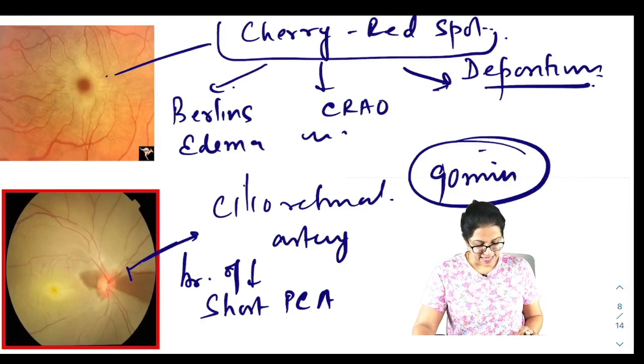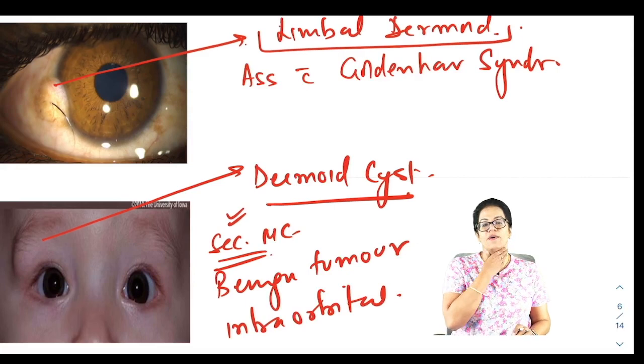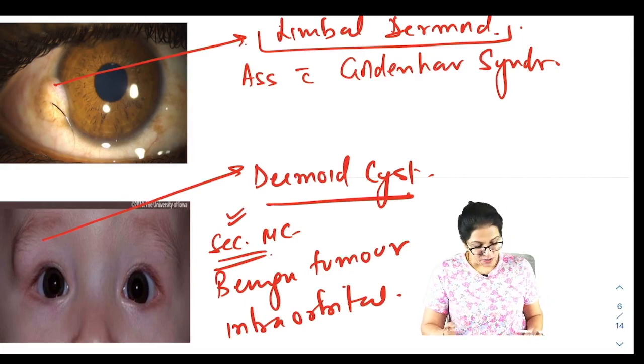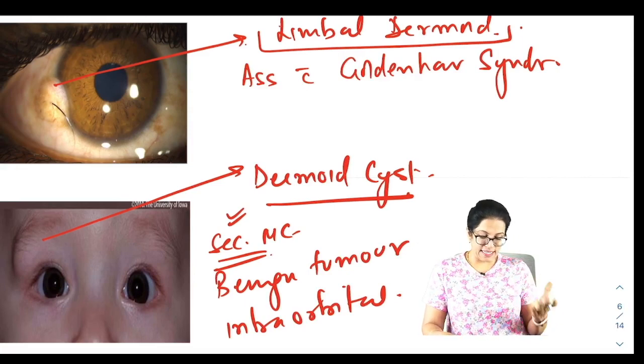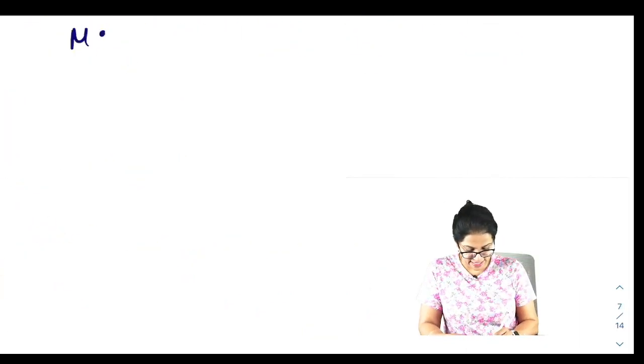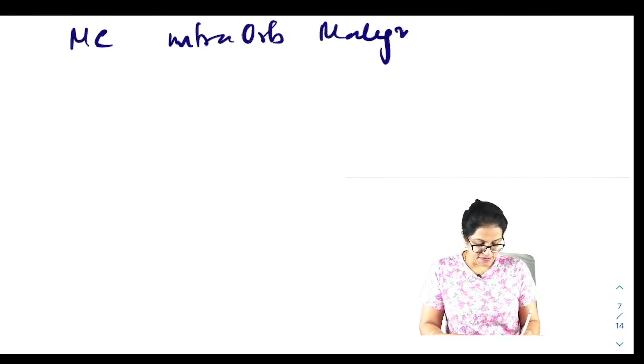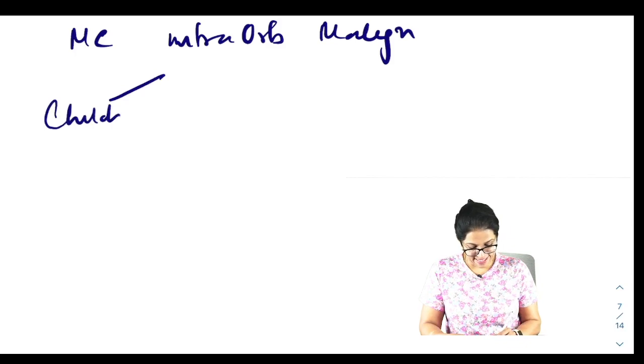Then we talk about the next topic, did we talk about lymphoma? What is the most common malignant tumor in the orbit for children and adults? Is it the most common intraorbital malignancy? For children, we will learn rhabdomyosarcoma. Remember this?